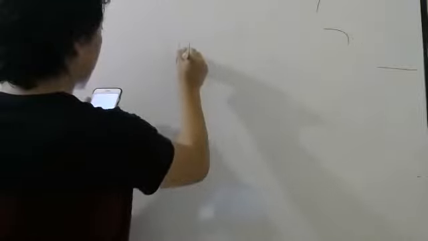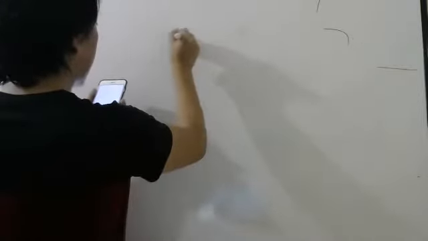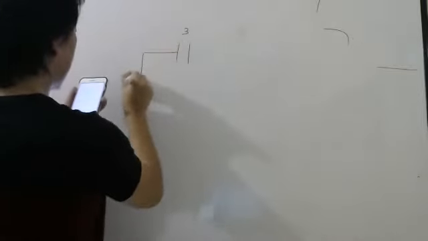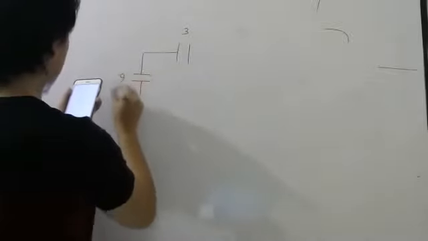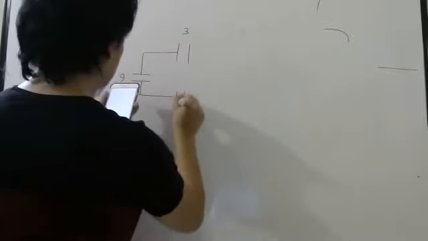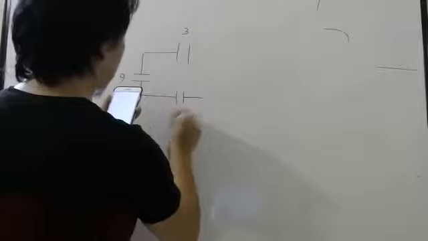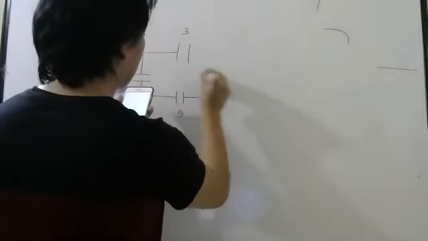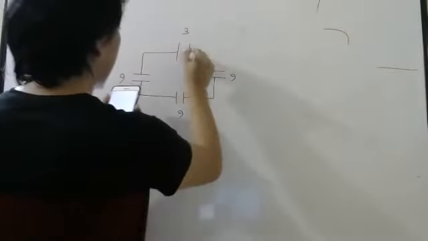Find the equivalent capacitance between A and B. So look carefully, first draw the circuit. Here 3 microfarad, here 9 microfarad, here 9 microfarad, here 9 microfarad.